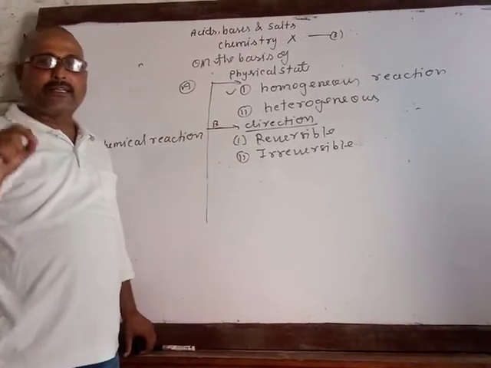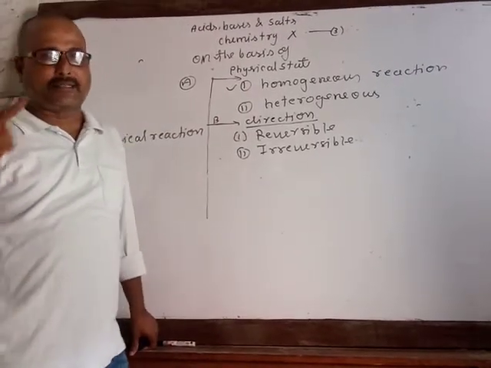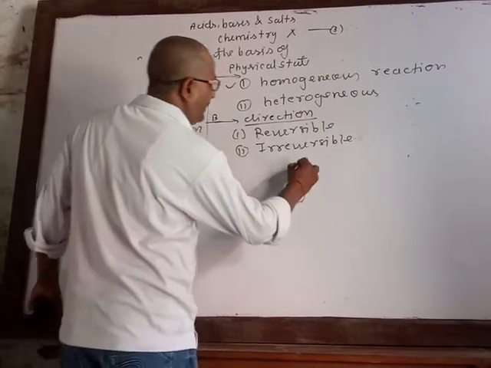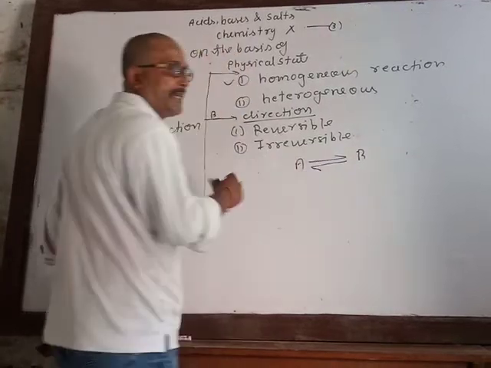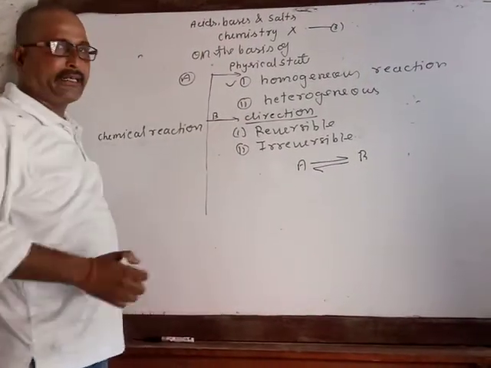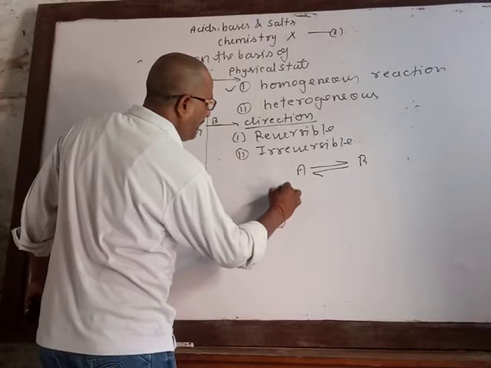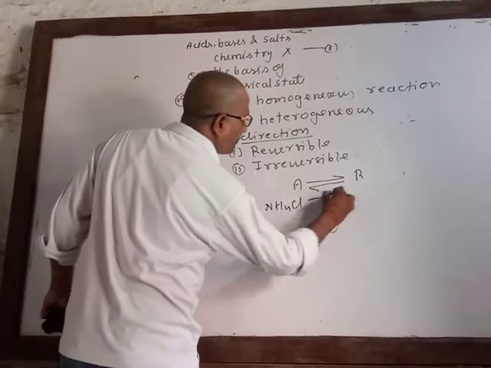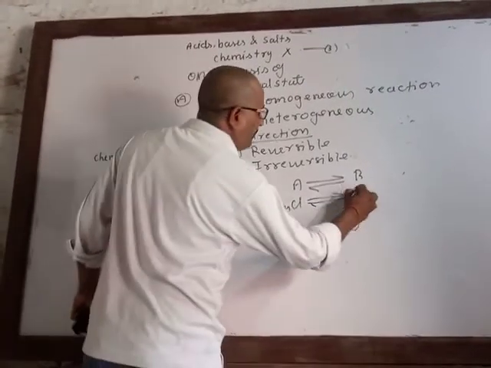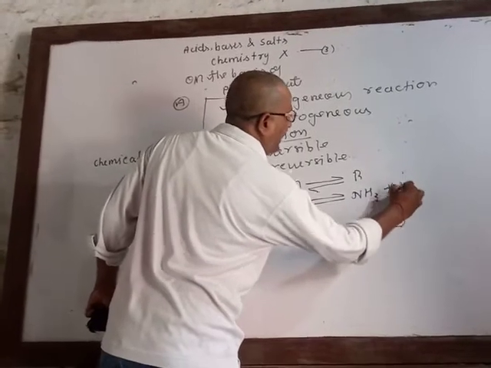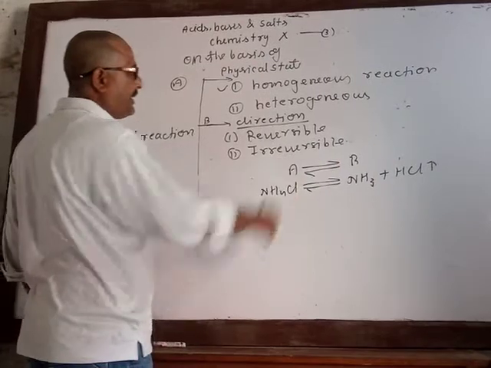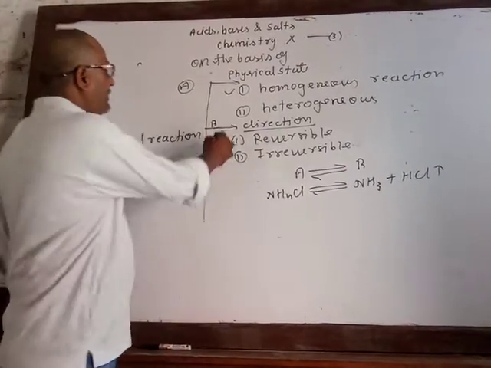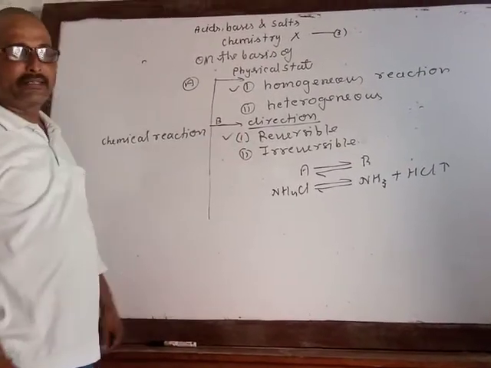A chemical reaction which proceeds in both directions. Suppose A to B and B to A. Just like ammonium chloride, it gives ammonia and hydrogen chloride gas. This reaction proceeds in both directions, so it is called a reversible chemical reaction.